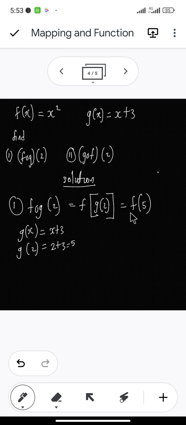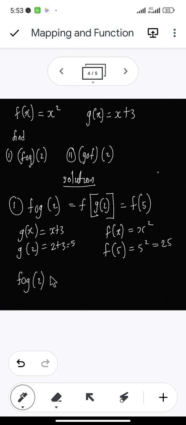Now, you can now use this to apply here. So if f of x is x squared, f of 5 will be what? 5 squared, which gives you 25. So this is the answer. So the answer for f of g of 2 is going to be 25.